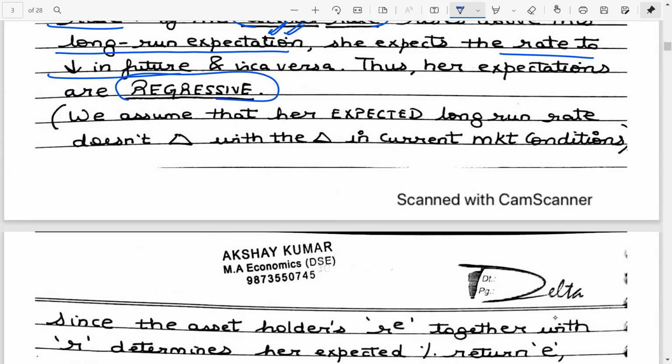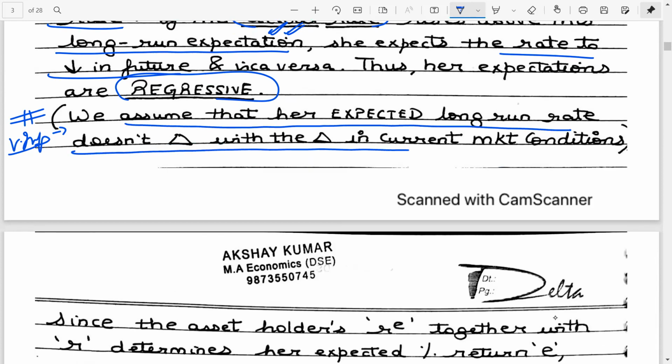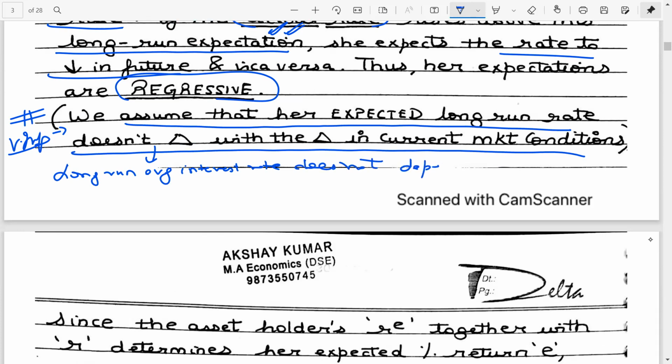Again, guys, I forgot to write this point on the whiteboard. This is a very important point. This point is telling us that we assume that her expected long run rate does not change with the change in the current market conditions. So the long run average interest rate does not depend on the current market interest rate.